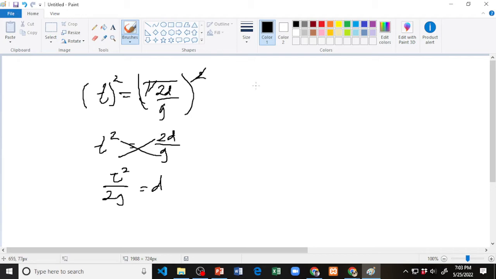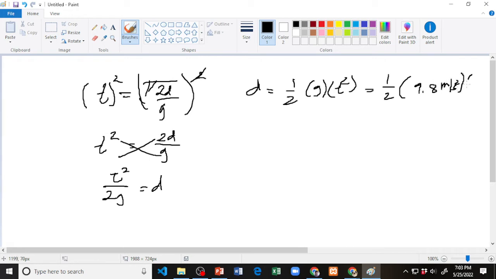And you can plug in the values. D is equivalent to 1/2 times the value of g, 1/2 times 9.8 meter per second squared times 2.5 squared.